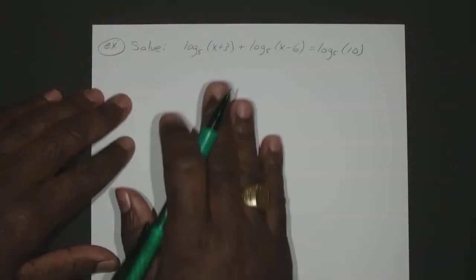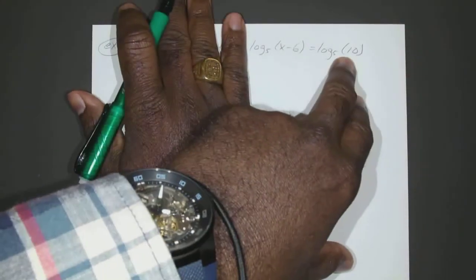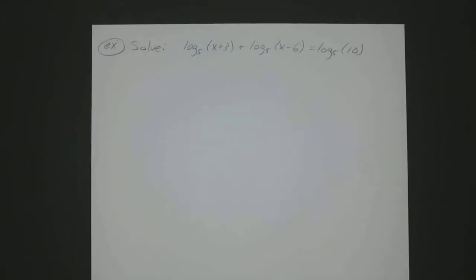So again, if we had just log base 5 of x minus 6 equals log base 5 of 10, we'd be okay. We can just say m is equal to n. But that third term kind of messes that up.